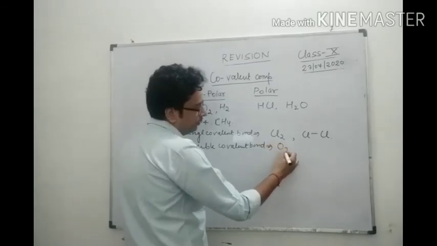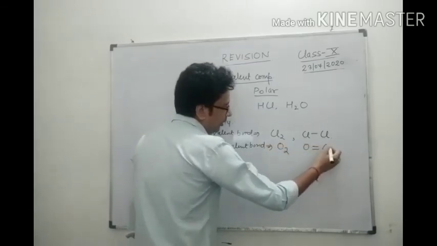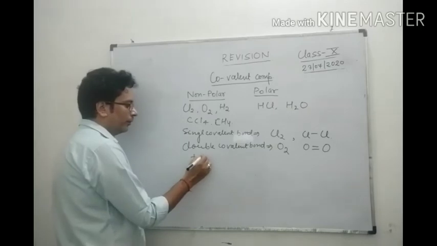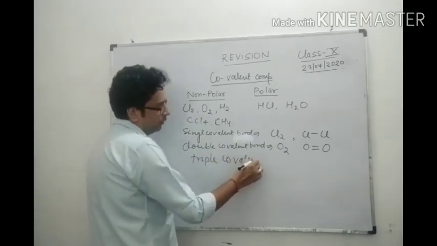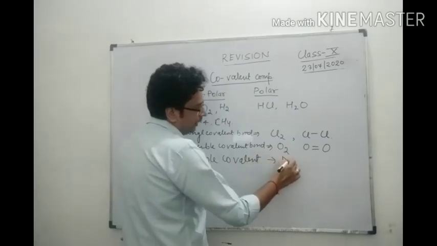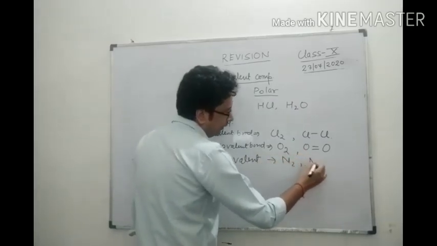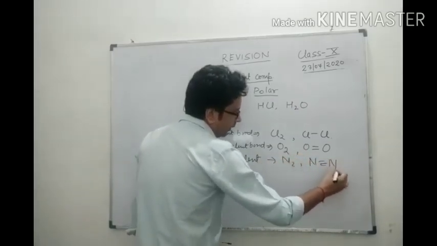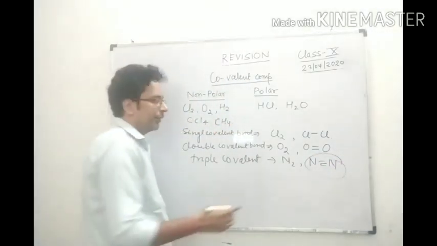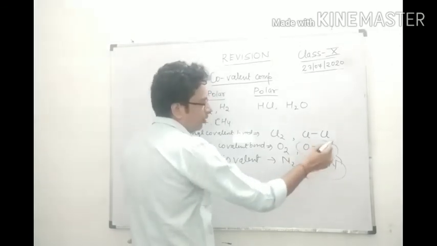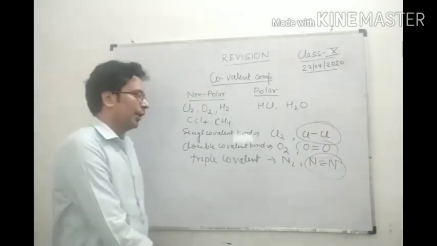Example: O2, the bond between oxygen atoms is double. Now triple covalent bond: nitrogen, N2. Look here, this nitrogen molecule contains a triple bond between the nitrogen atoms.